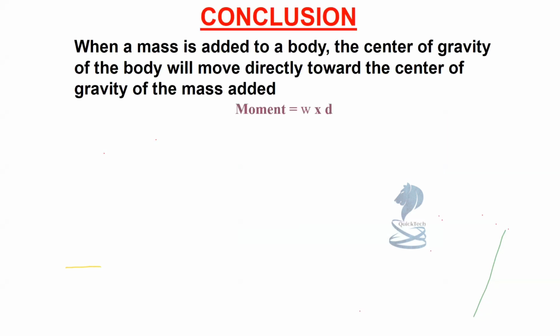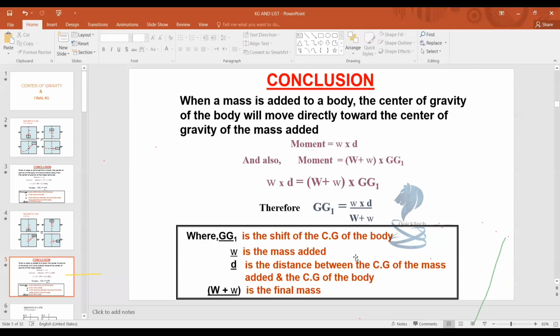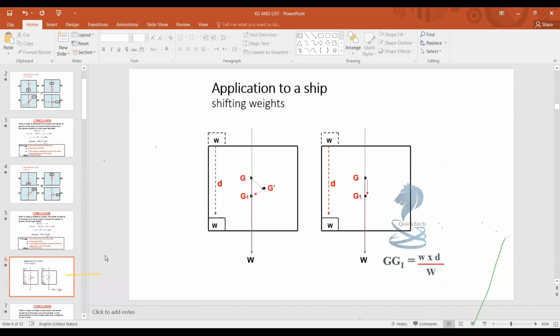Coming to conclusion, when mass is added to a body, the center of gravity of the body will move directly towards the center of gravity of the mass added, where GG1 is equal to small w into d divided by big W plus small w.